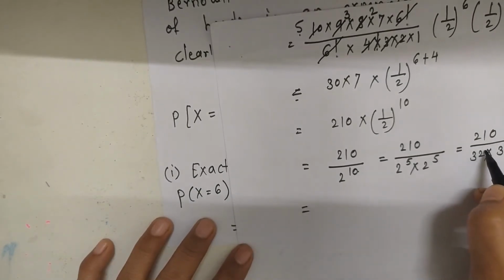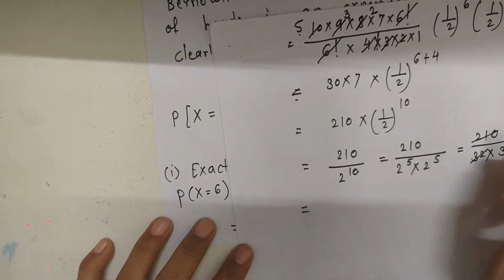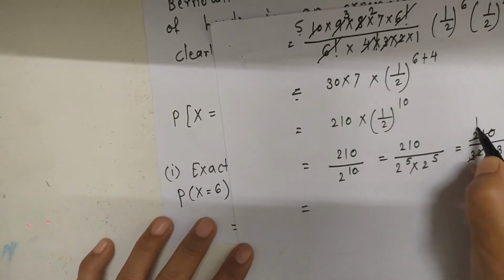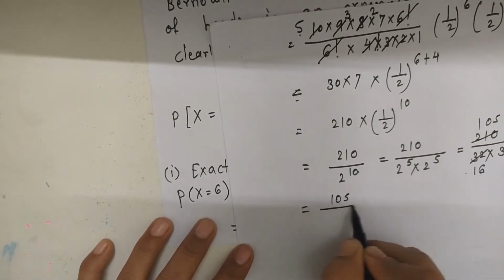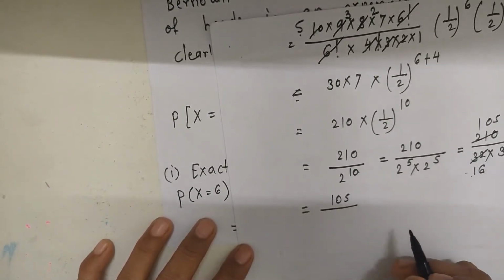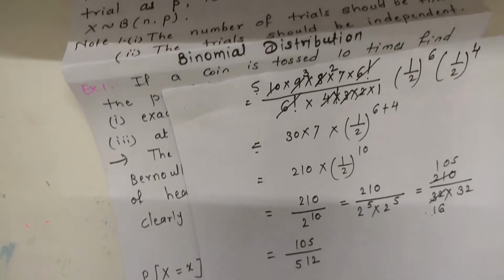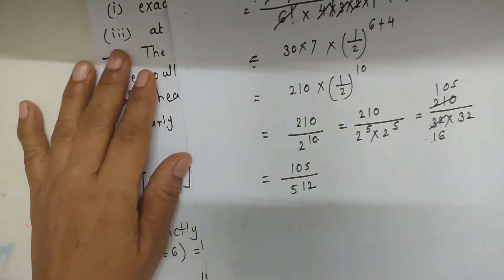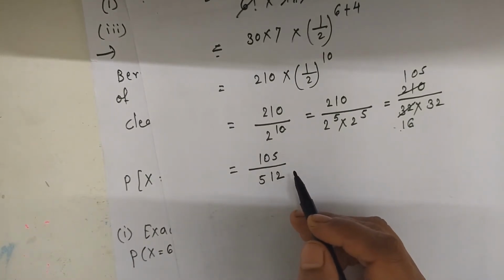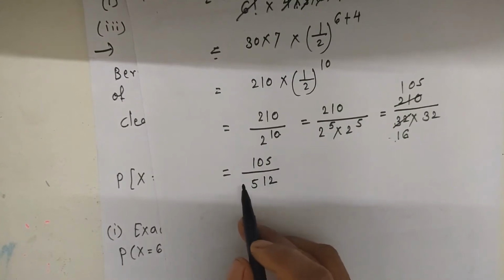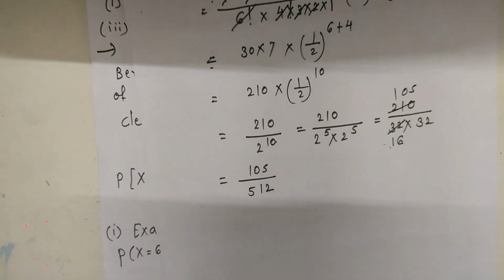Using the shortest form, dividing by 2, we get 105 and 16 into 32, which is 512. So the answer for getting exactly 6 heads, that is x equal to 6 and n equal to 10, putting in the binomial distribution formula, is the probability of x equal to 6 is equal to 105 divided by 512.